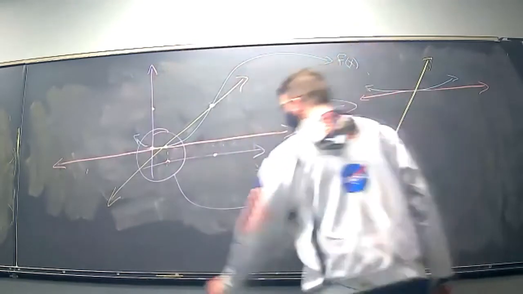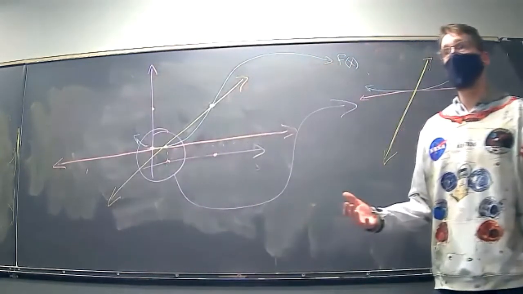What we've shown then, or what we found by using this limit, is what's called the derivative.